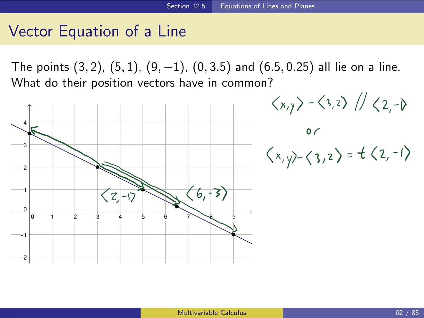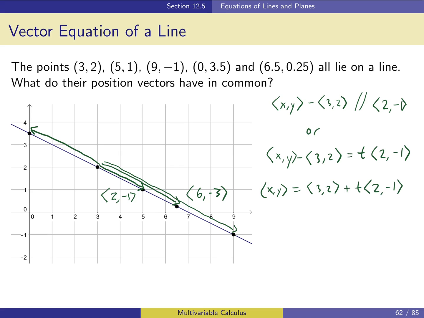And from this, we can write <x, y> = <3, 2> + t<2, -1>.